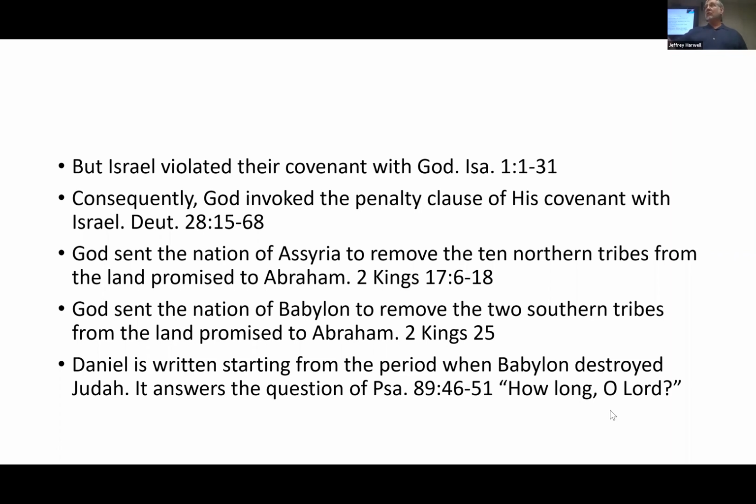Since Daniel gives great details about the rise and fall of the Syrian king Antiochus Epiphanes and the rise of Alexander the Great, unbelievers look at the book of Daniel and say it's got to be a pious forgery. It cannot possibly have been written in 600 BC because those events hadn't occurred yet. But that's based on the presupposition that there's no such thing as prophecy. It's just something made up.